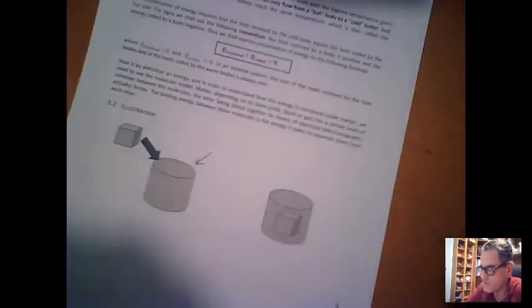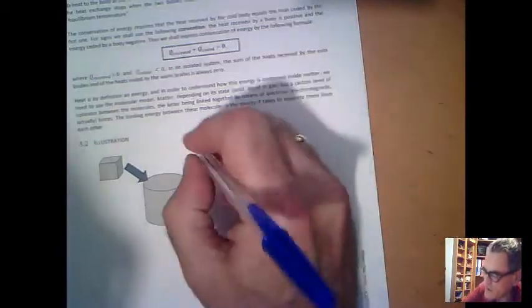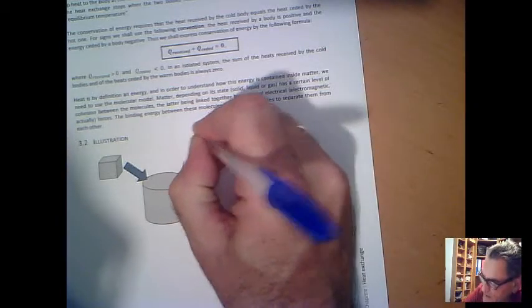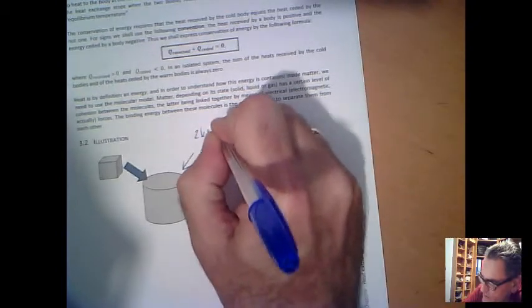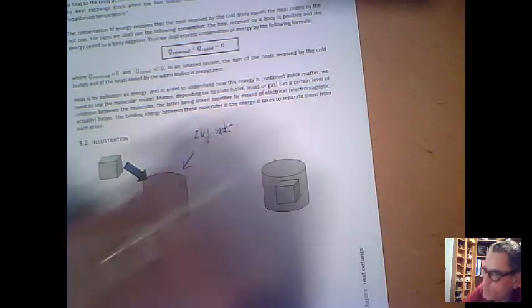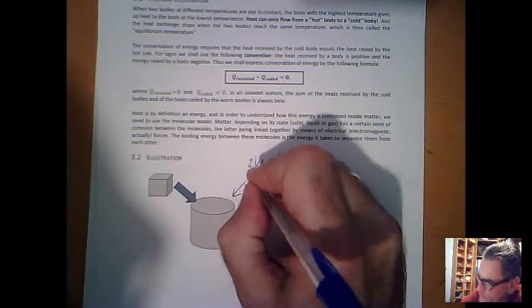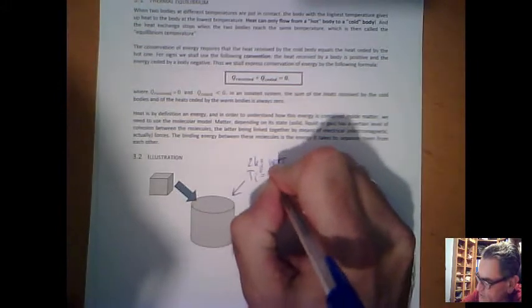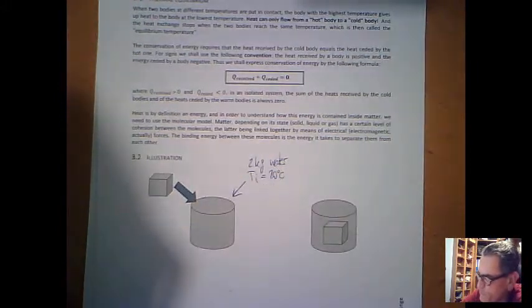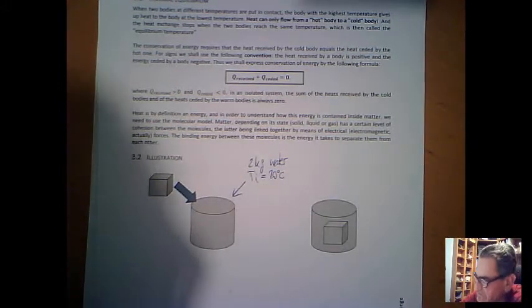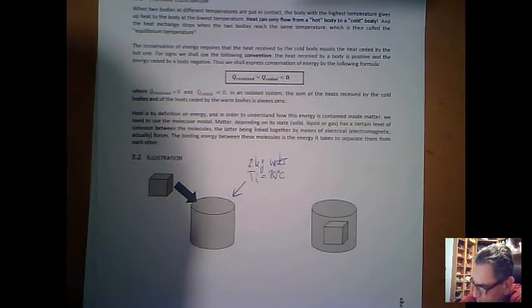Imagine I have 2 kilos of water. I'm giving the quantities in kilos because that's how we need to have them in the equations. We have 2 kilos of water at some initial temperature of 20 degrees. You have water in a pot.